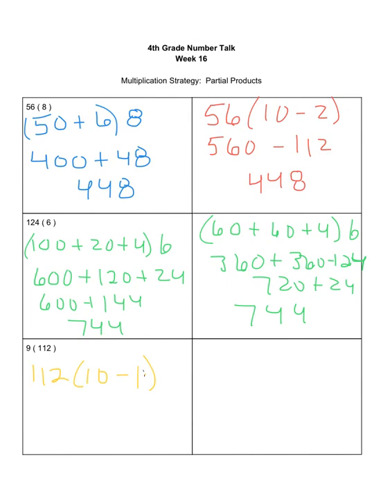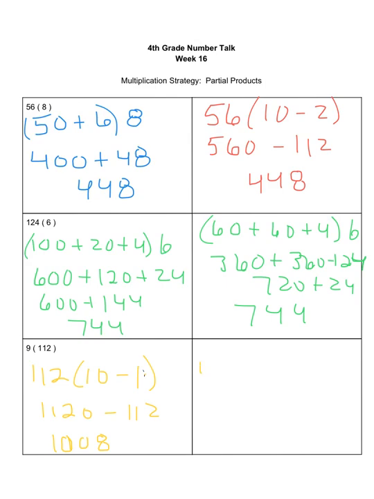So if I have 112 tens, then I would be subtracting 112 from that. Sorry about that. I know if I took 112 away from 120, I'd be left with 8, so I'd be left with 1008.